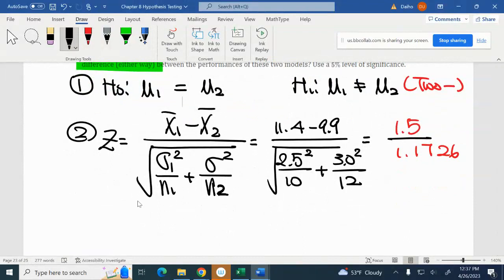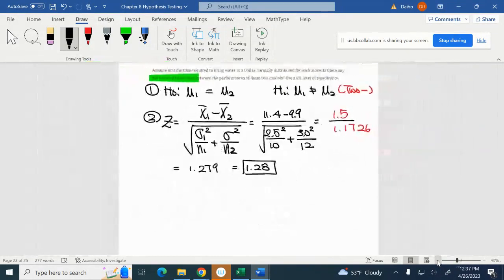Then the test statistic, the fraction will be 1.5 over 1.1726, which is 1.279. You know, it is a z-score. We always need 2 decimal places, so the test statistic will be 1.28.